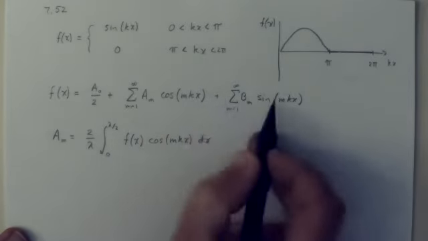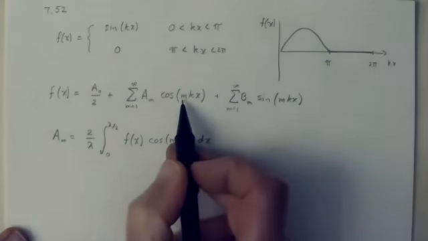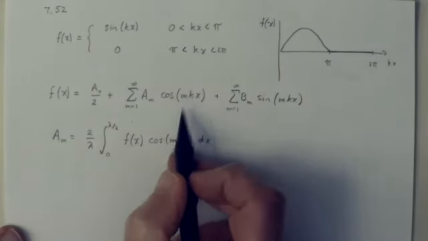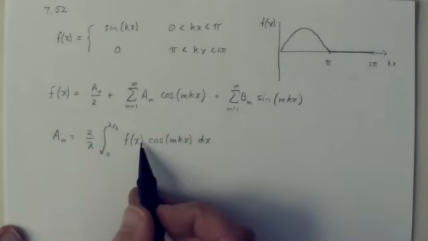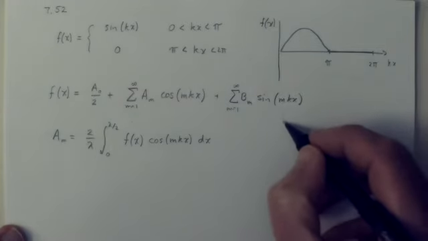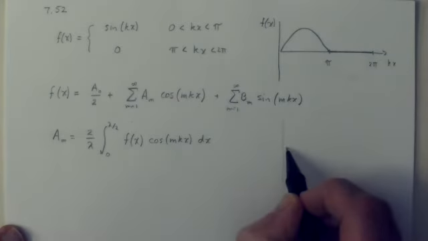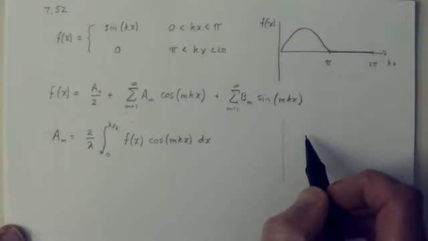So for each of these Fourier components, we multiply the function by the original function we're trying to get. So to figure out how much of a particular component is present, for example, let's just look at m equals 1.